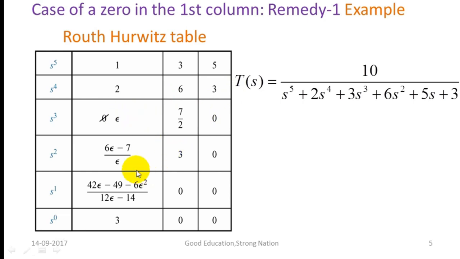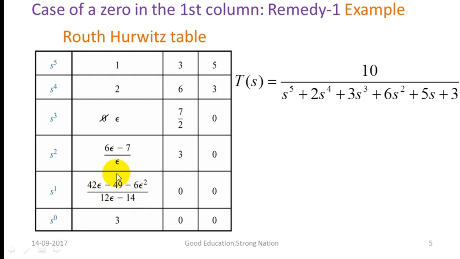Similarly, we are going to evaluate the next value of the Routh array. (6 epsilon minus 7 by epsilon) multiplied by 7 by 2 minus 3 epsilon, divided by the same term. So we are left with (42 epsilon minus 49 minus 6 epsilon square) divided by (12 epsilon minus 14).